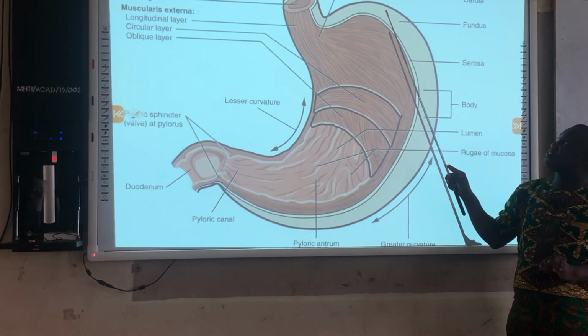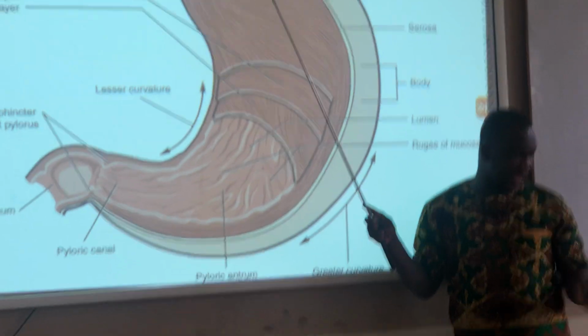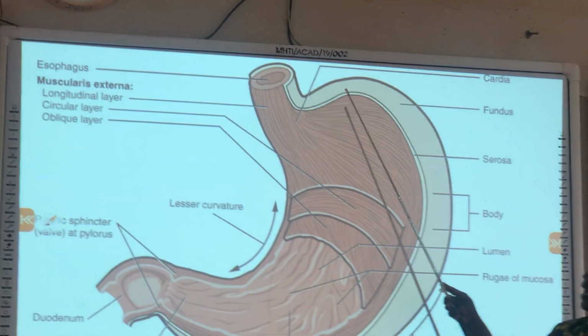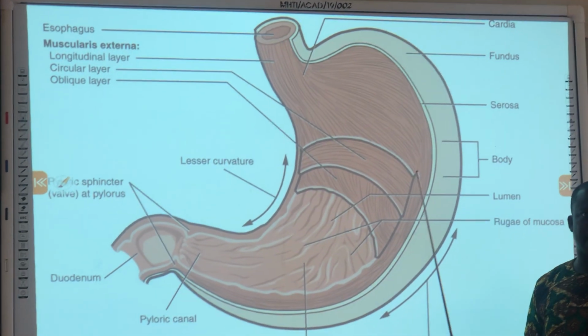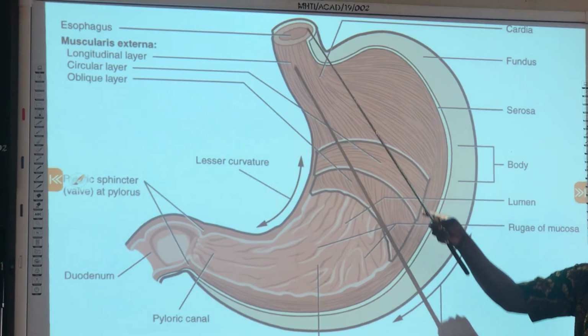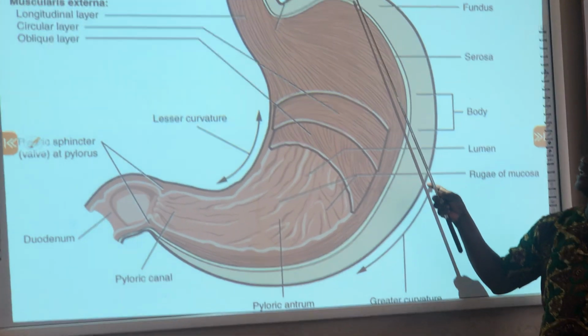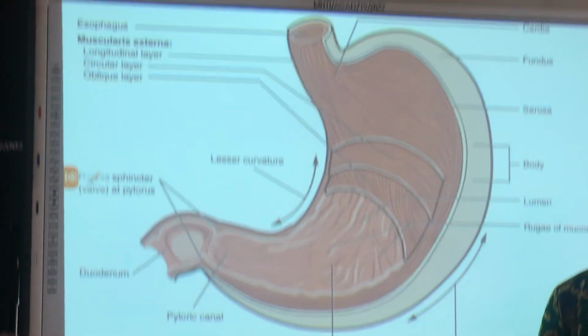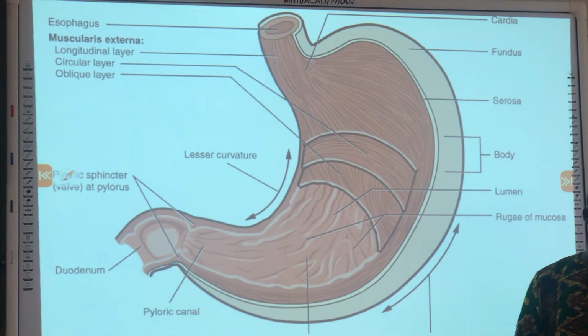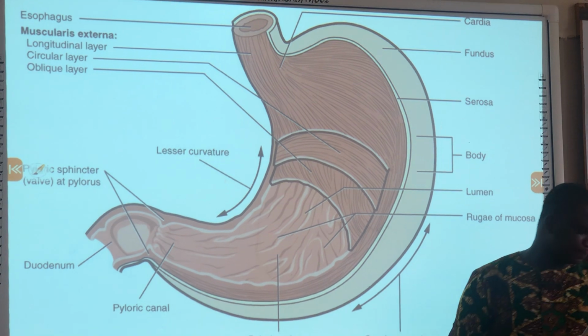The function of the fundus is to store food temporarily before the food is given to the body of the stomach for the churning action to occur. So whenever you swallow food, the cardiac region receives it, then it is temporarily stored in the fundus so that later it will be given to the body for necessary action.